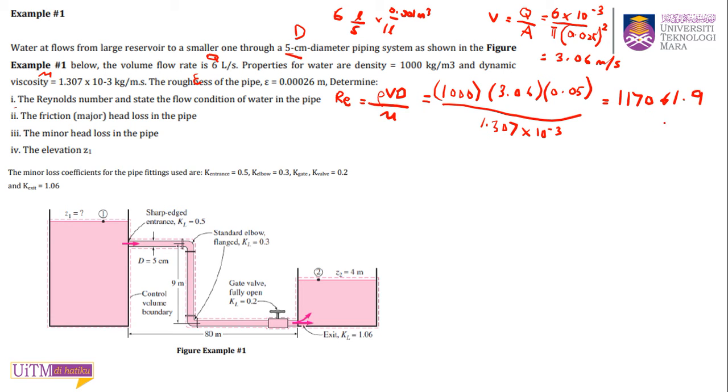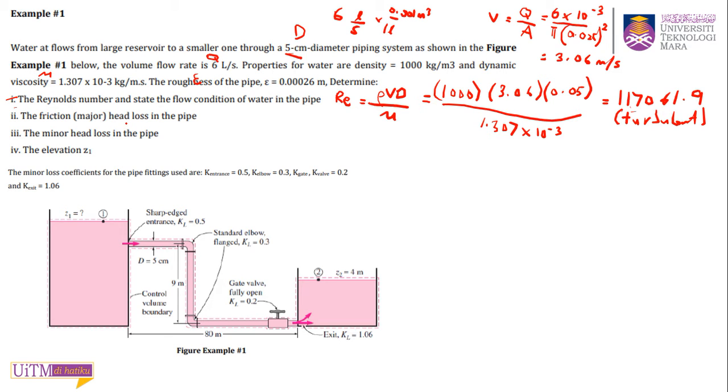So this is more than what to get turbulent? What's the value? More than 4,000. Okay, so this is more than 4,000. So this is turbulent. So this settled part 1.